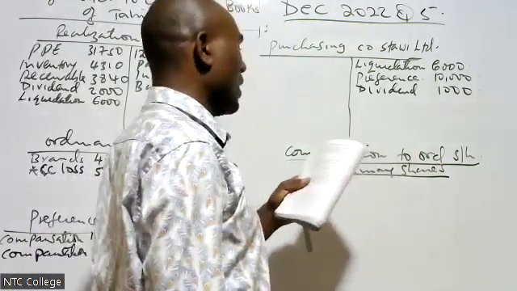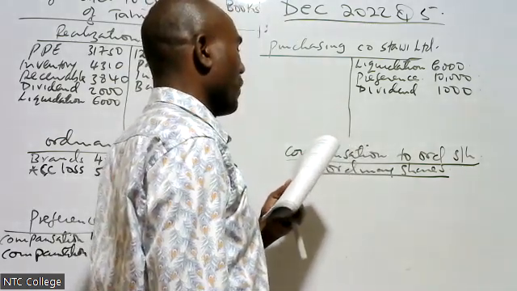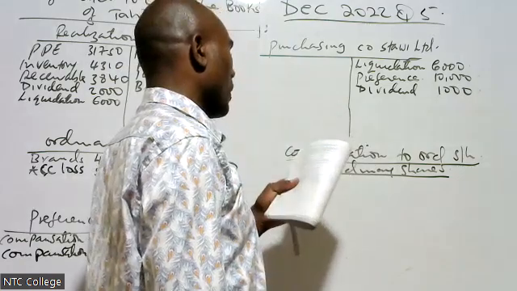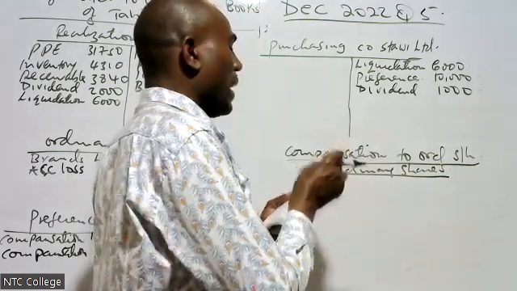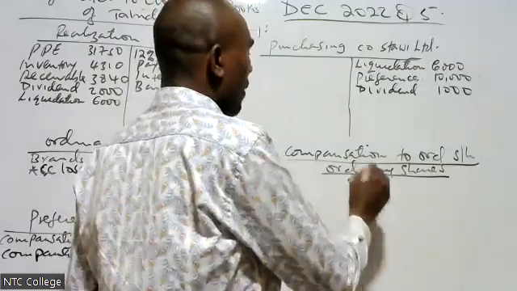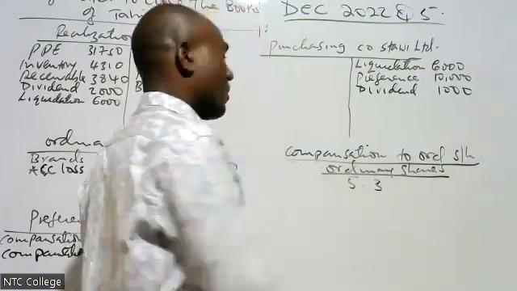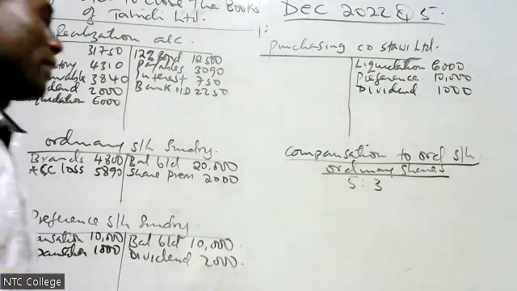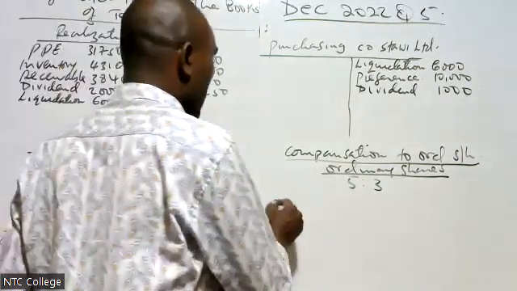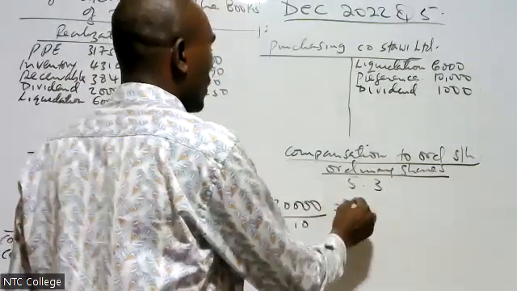The examiner says 3 new ordinary shares of shillings 10 each, created at shillings 5, for every 5 ordinary shares. Therefore, if you have 5 ordinary shares, I'm going to give you 3 new ones. What about 20,000 divided by 10, which is 2,000?